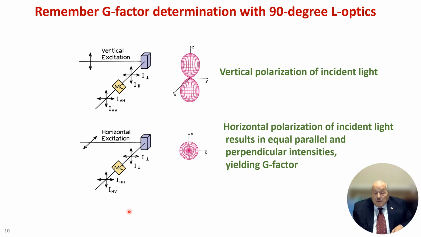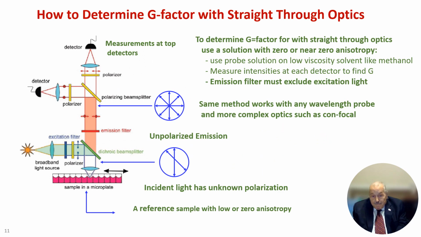And when we measured those two intensities, we could get the G factor and proceed with calculating the corrected anisotropy or polarization. How do you do that with straight-through optics?